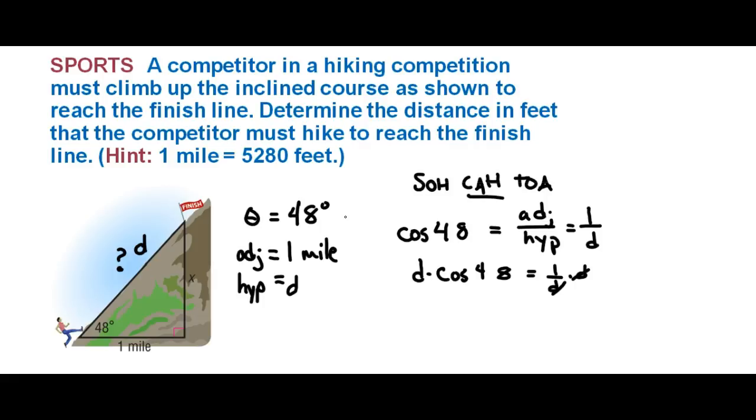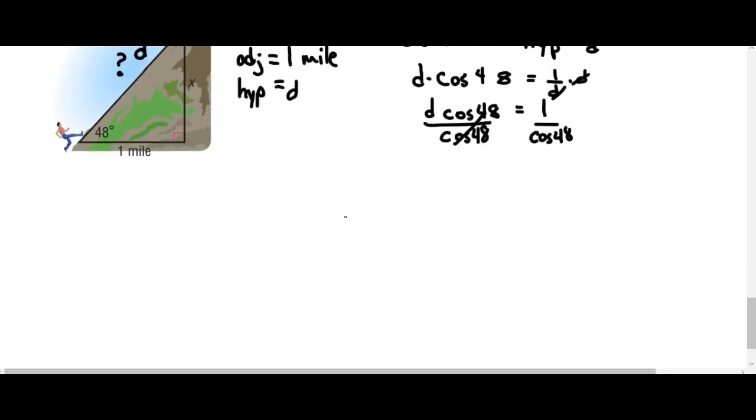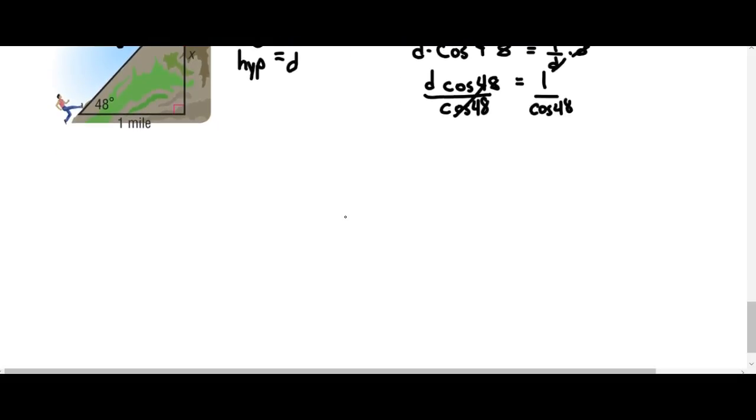Now let's go ahead and divide both sides by cosine of 48, because remember, cosine of 48 is just a value. So divide by cosine of 48, divide by cosine of 48. So now we have d is equal to 1 over the cosine of 48.